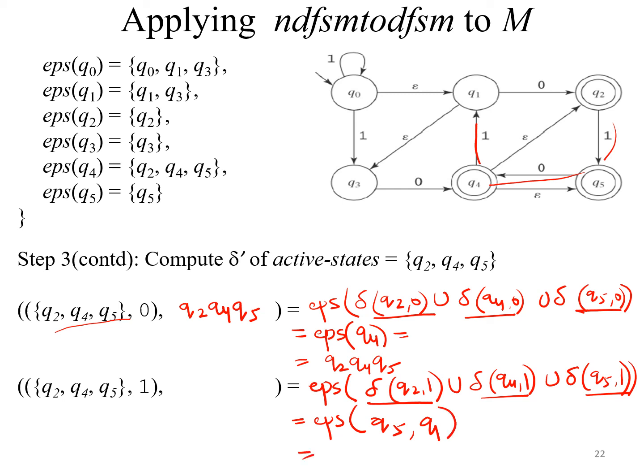So EPS of Q1 and Q5, the union of these two is Q1, Q3 and Q5. Therefore Q2, Q4, Q5 on 1 goes to state Q1, Q3, Q5.